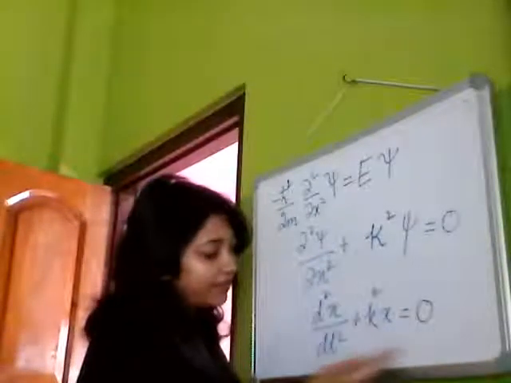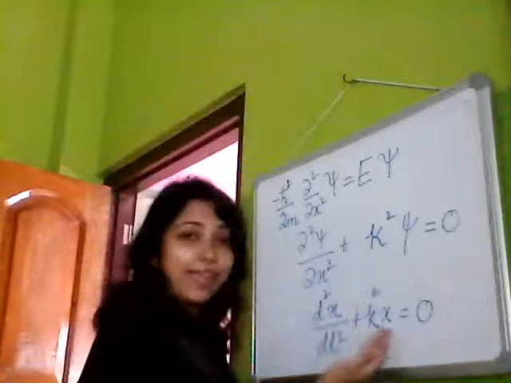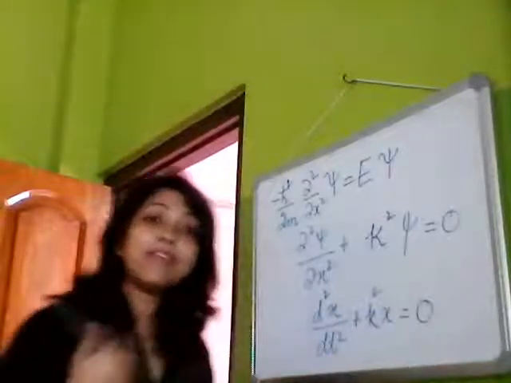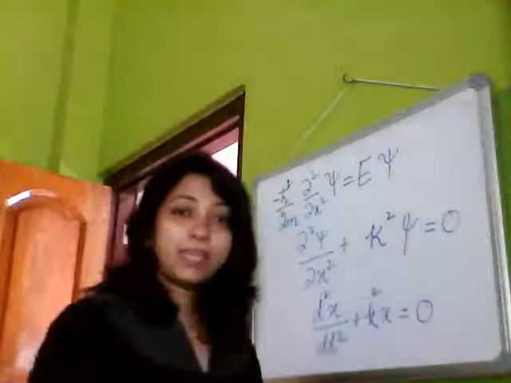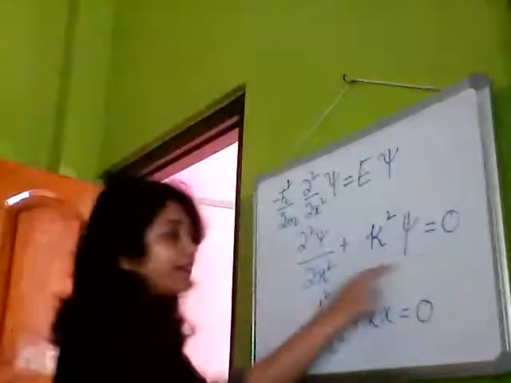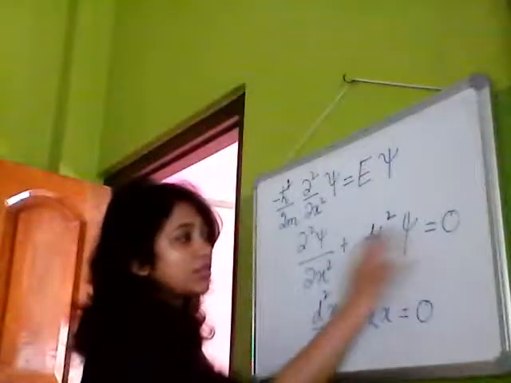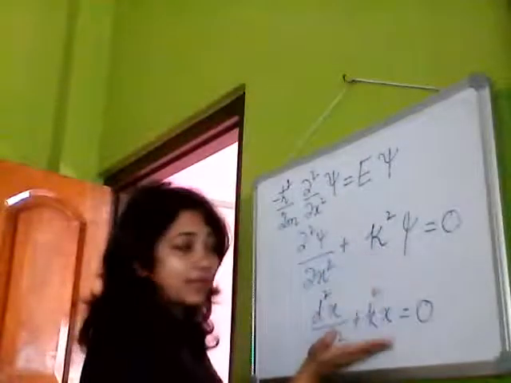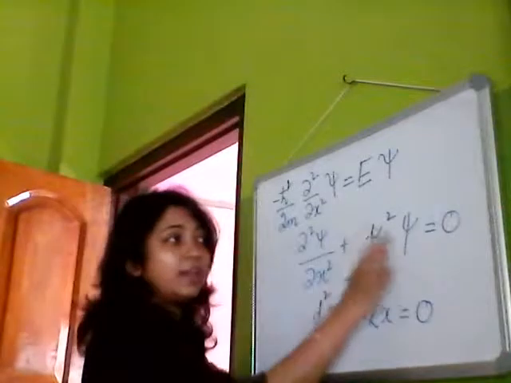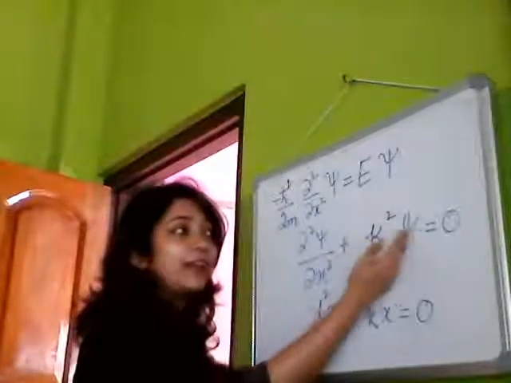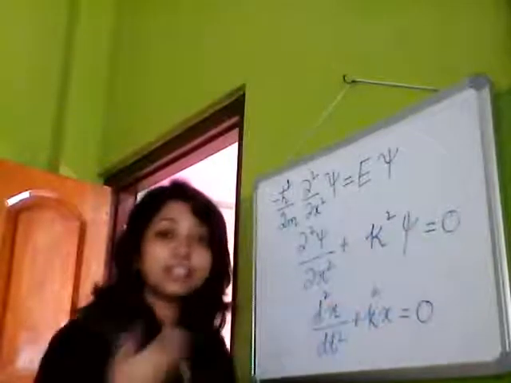So solving this equation, we get the value of x with respect to time, or we find the time variation of position. On the other hand, what do we have here? This equation has the same form as this. However, here the unknown is our wave function, and we are trying to find this wave function's position part.